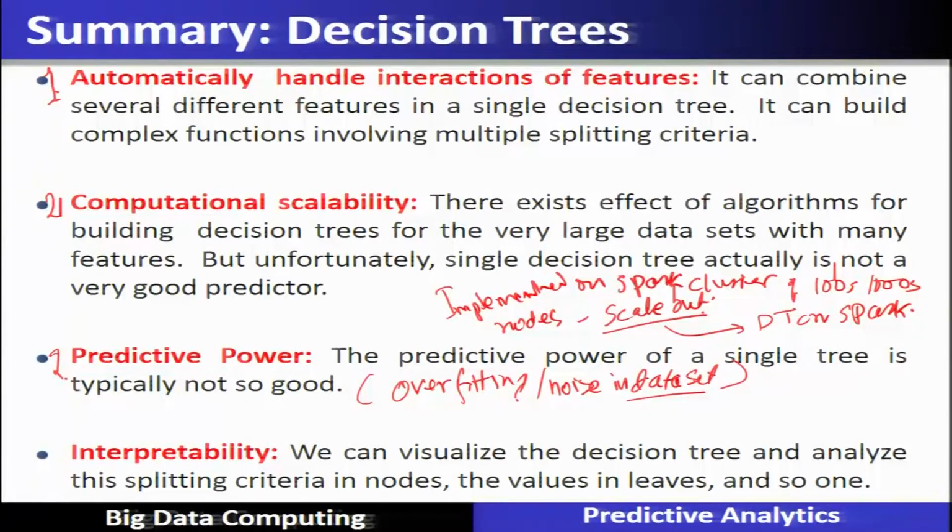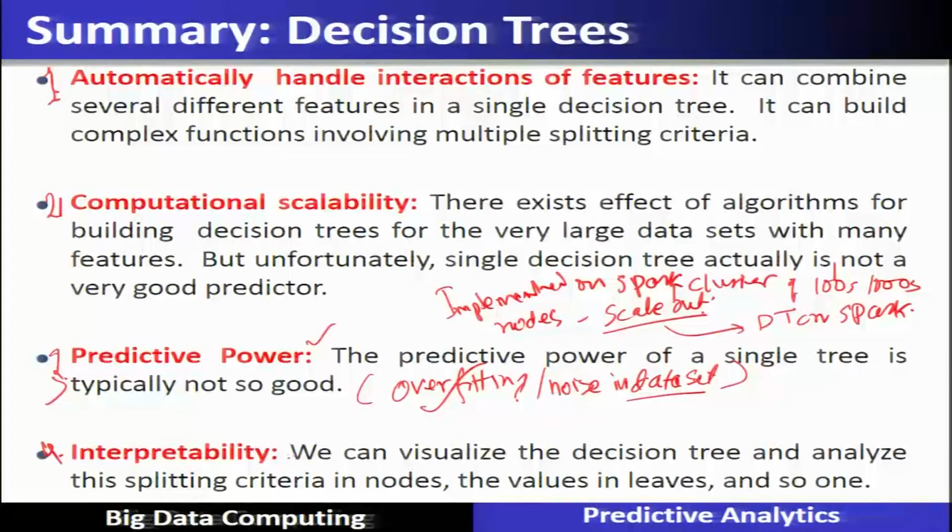A lot of techniques we have seen about overcoming overfitting and thereby improving the predictive power of the single decision tree. And the fourth important part of the decision tree which we have seen is interpretability. We can visualize the decision tree and analyze the splitting criteria of the nodes. Hence, it has good interpretability.